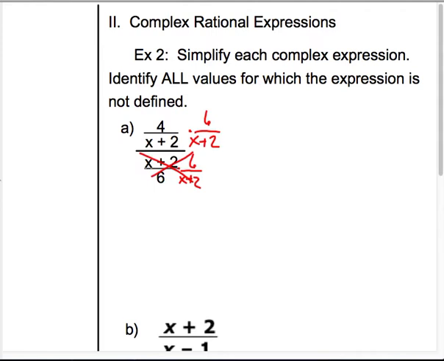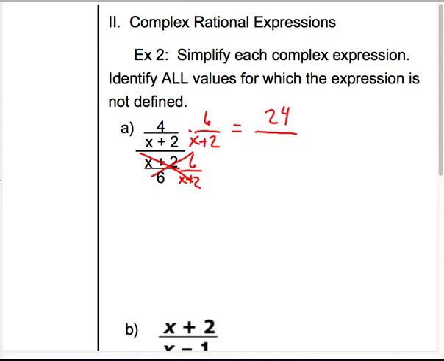So in the numerator, I have 4 times 6 is 24. And in the denominator, I have x plus 2 squared, which I was going to write as a binomial squared, but I'm just going to FOIL it out since I know there are no factors in the numerator that will simplify with that.